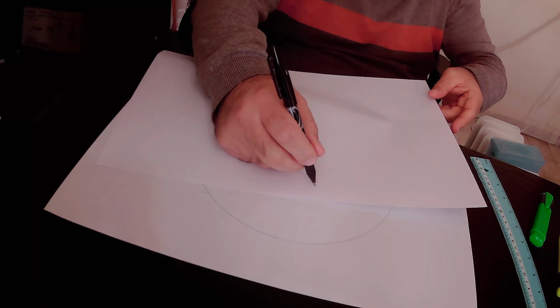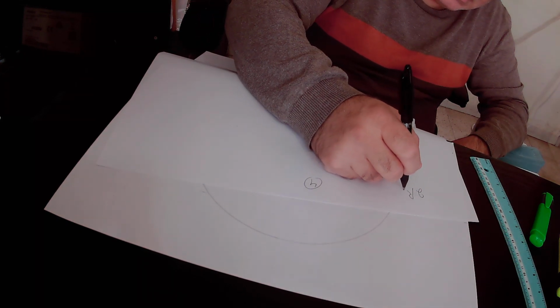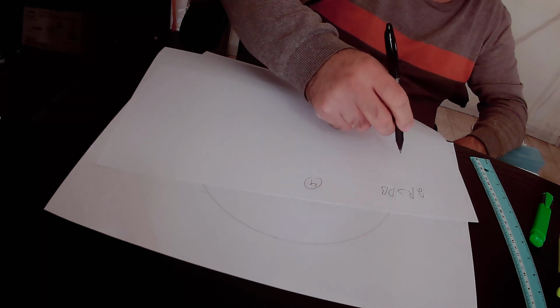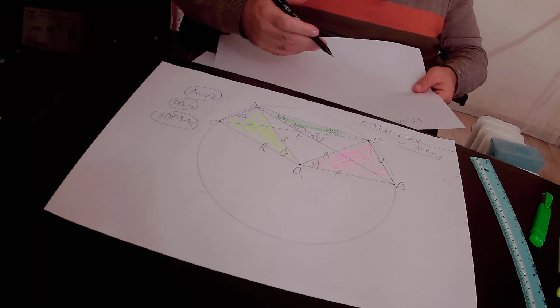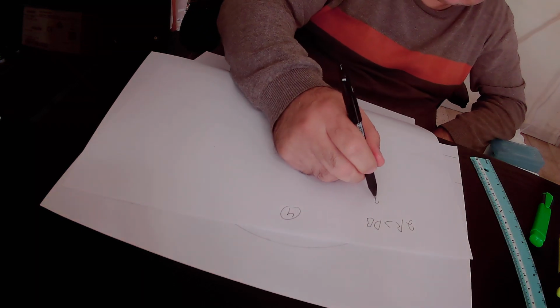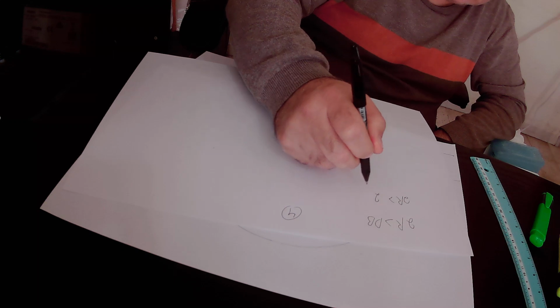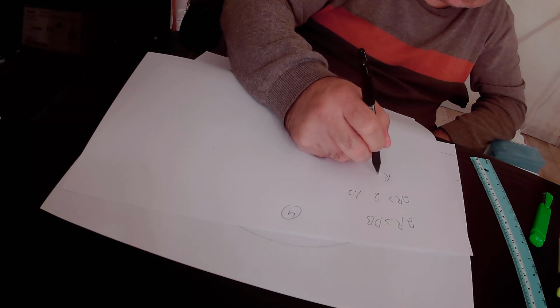DB equals 2 units according to what is given, therefore we substitute DB by 2 in this inequality, and we get that 2r is greater than 2. We divide this inequality by 2, and we get that r is greater than 1.